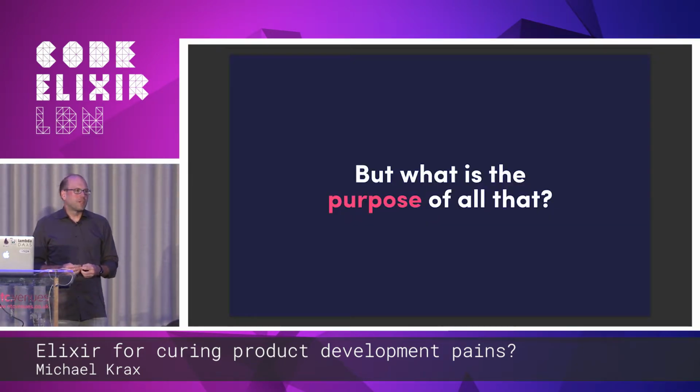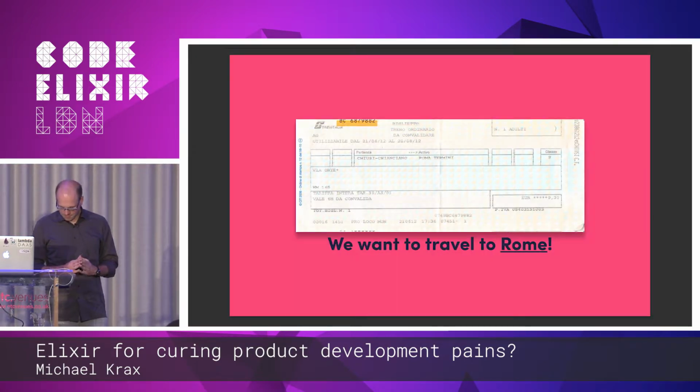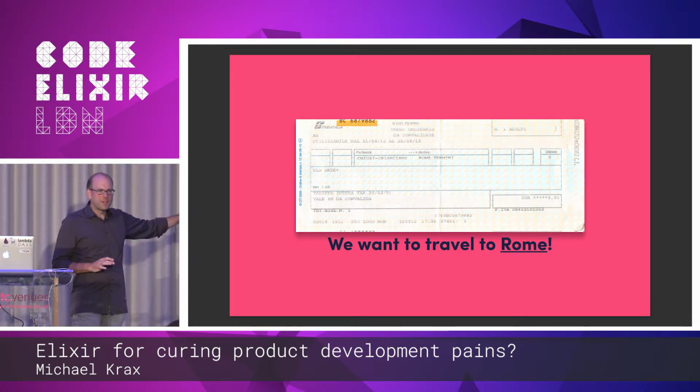And to be a little bit polemic, what is the purpose of all that? The purpose is to build a nice product. So this is a train ticket that allows me to go to Rome from some Italian train station. It has some text on it. If you look at it, the first thing that you notice is that it's on special paper.